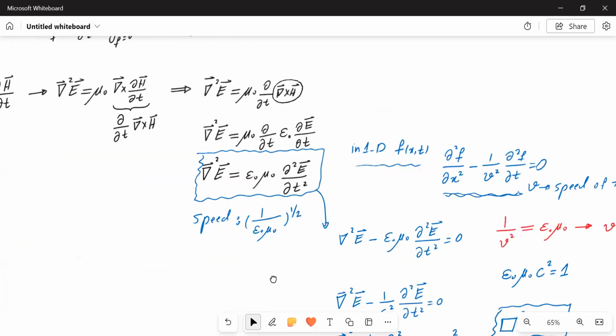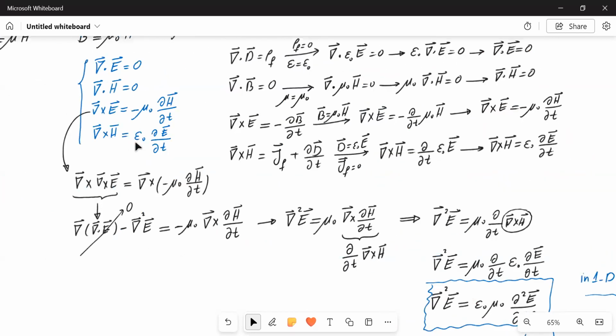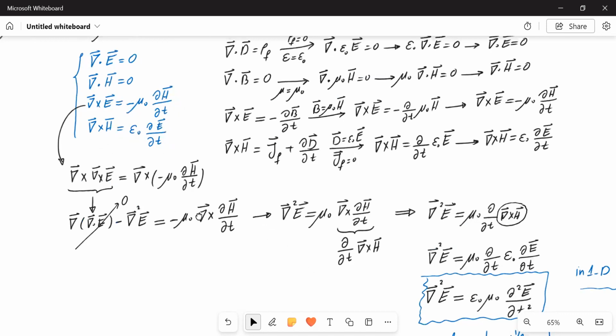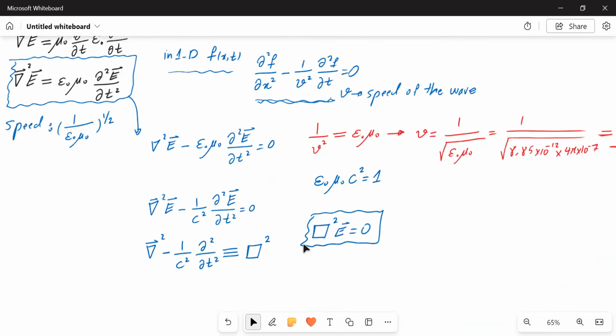You can do a similar calculation and show that the magnetic field would also travel with the speed of light. All you have to do is take the curl of the fourth equation and then replace the curl of E by Faraday's law in terms of the magnetic field, and you would end up with exactly the same equation that we ended up with for electric fields.